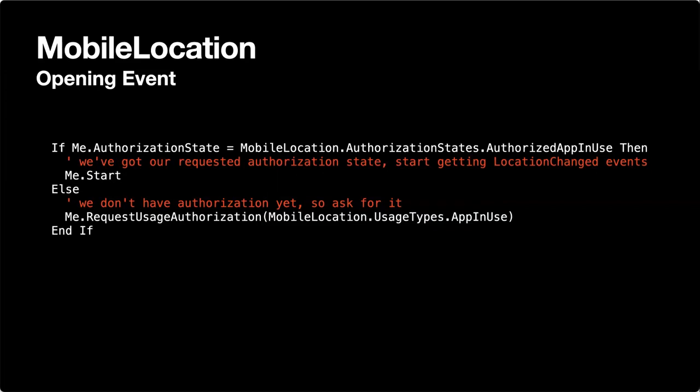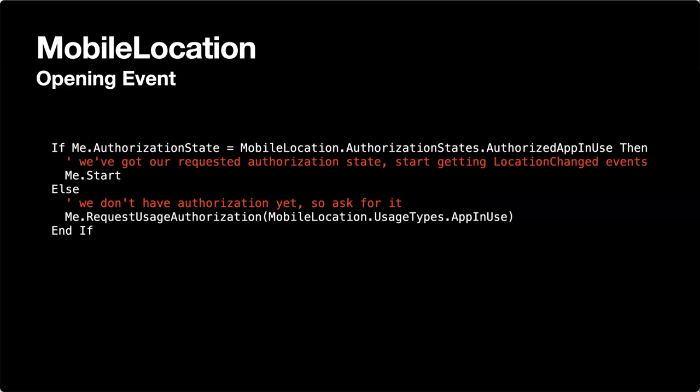If that's the case, then you have the authorization to get the location, and you can just call the Start method to start receiving it. Now, the reason there's a Start method is you only want to be receiving events of mobile location when you really need them. You don't want them necessarily to be happening all the time because they do use the battery.